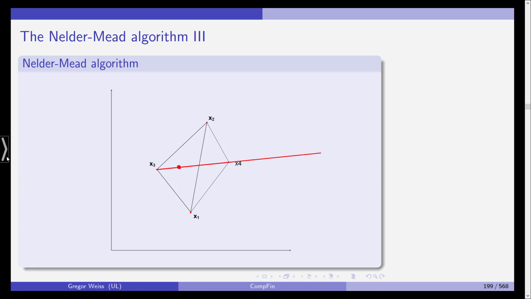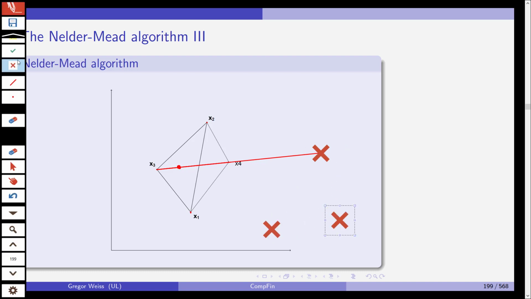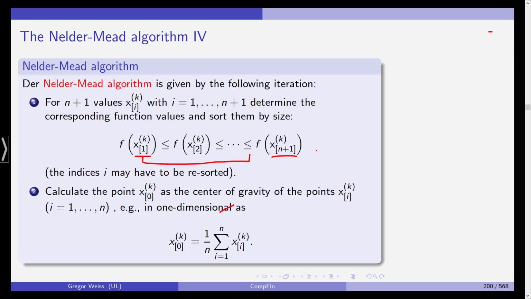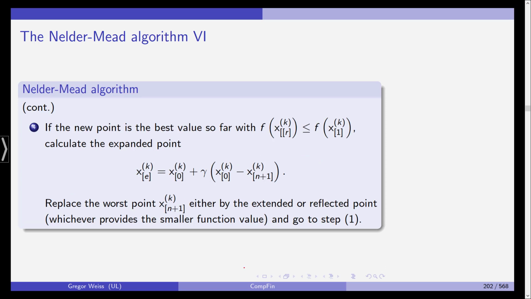Let's go to this point here, a little bit larger. So this would be the extended point. And replace the worst point either by the extended or the reflected point, whichever gives you a better value.